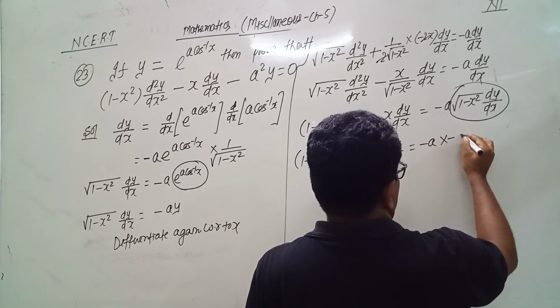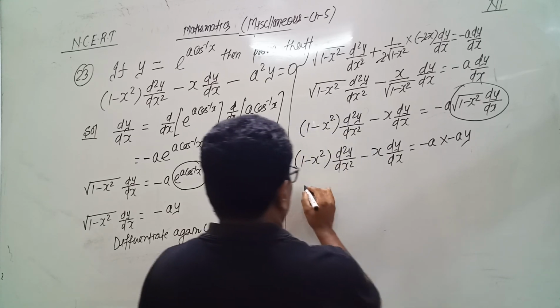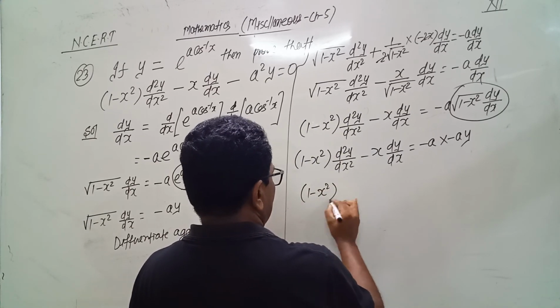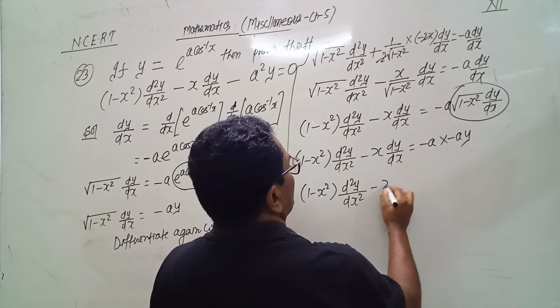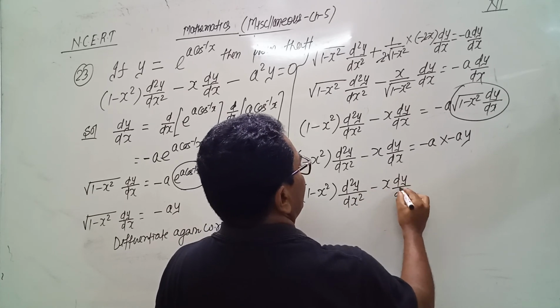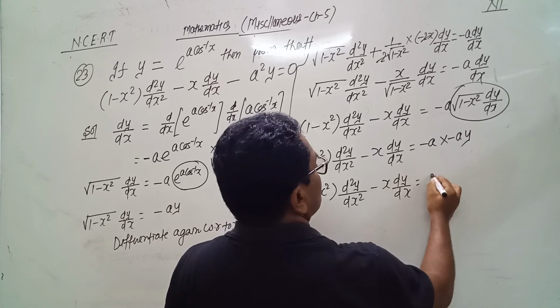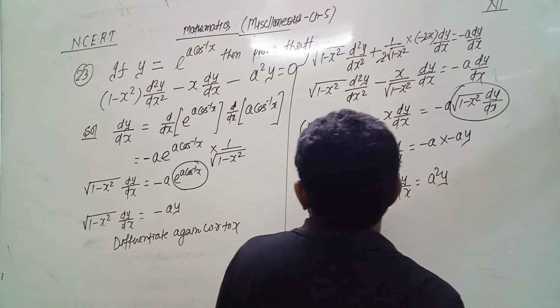So minus a into minus a y, and we get (1 minus x square) d2y/dx square minus x dy/dx equals plus a square y.